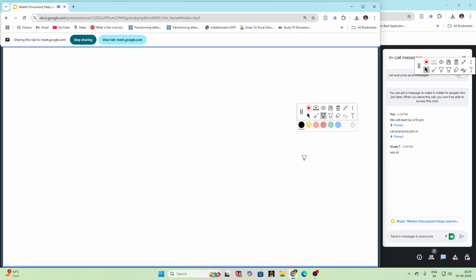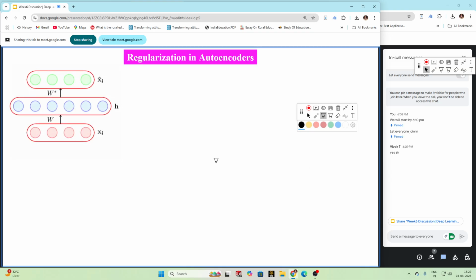Now we will be talking about regularization of autoencoders. I have told you, whenever we are using an overcomplete autoencoder, or even an undercomplete autoencoder, regularization is necessary. What is this regularization? See, in neural networks, in deep learning, we have so many parameters.